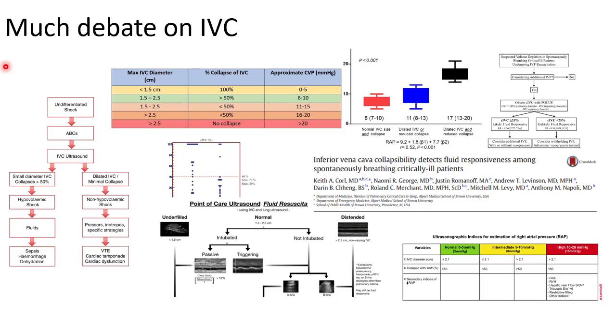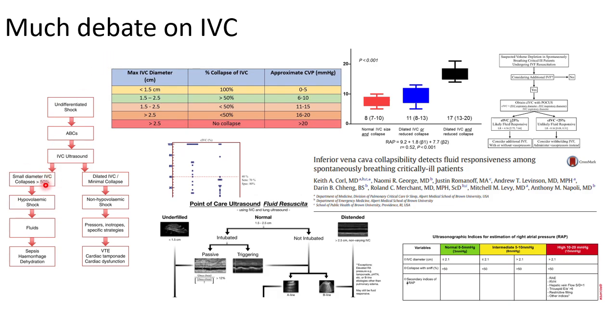I want to highlight here that there is a lot of variation and debate on how much collapsibility or distensibility, how big the IVC is. We are taking our information with a grain of salt. No one finding should be used to make clinical decisions. This is just one more piece of information you can have.